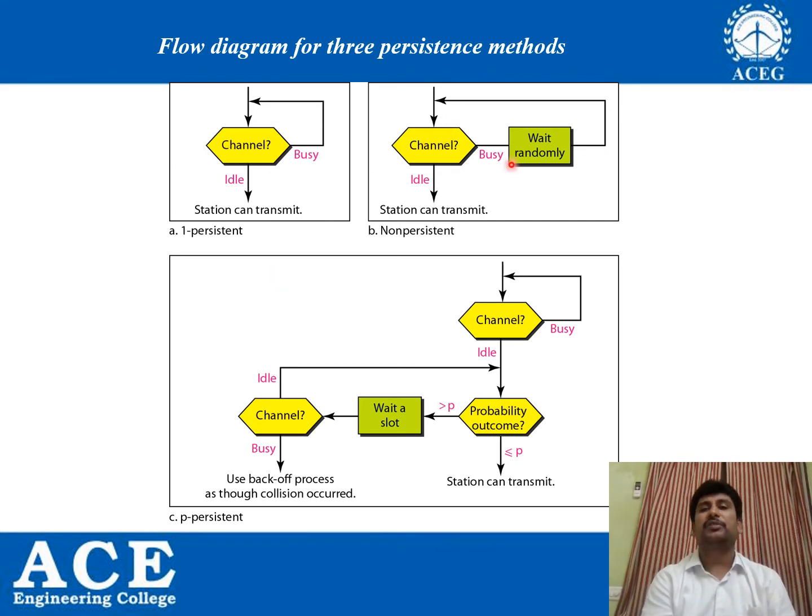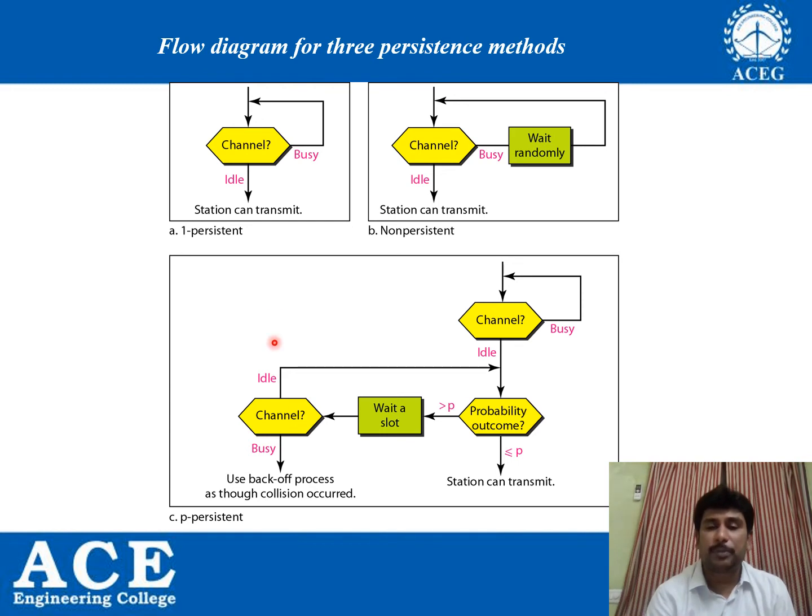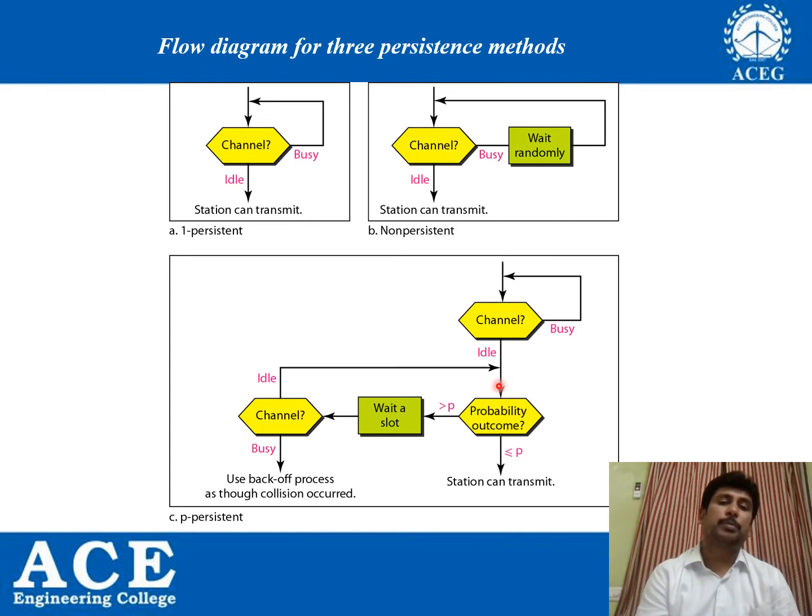Combining the features of single persistent and non-persistent, we have the p-persistent method, where we first sense the channel. If the channel is found busy, we continuously sense it until we find the channel idle. Once the channel is found idle, we determine the probability outcome. If the probability outcome is less than or equal to p, we transmit the data.